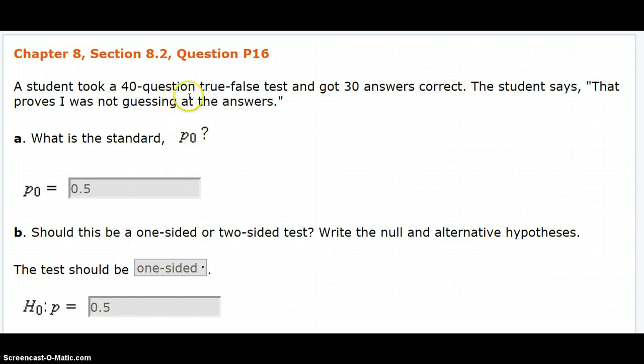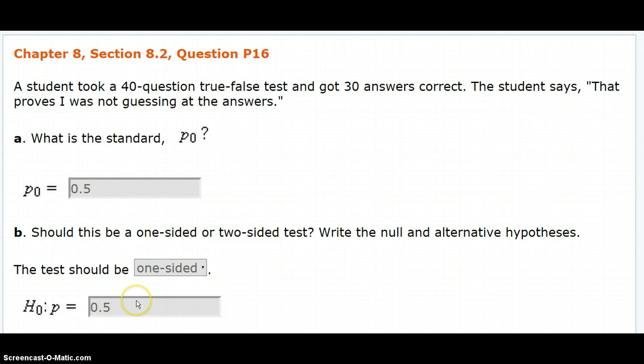So we're really only concerned with whether it's greater than 20. In other words, we're only concerned with that one side of the test. It's not if he just got 10 correct and said he wasn't guessing. That would seem strange because he got less than the amount. So we're really only concerned in this case with whether or not he got more than, not whether he got a different number than the expected amount.